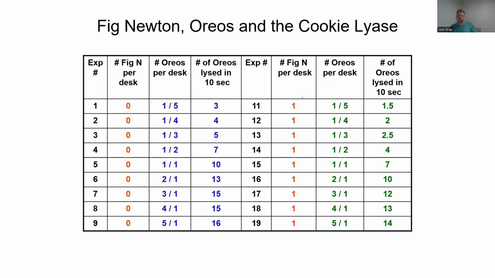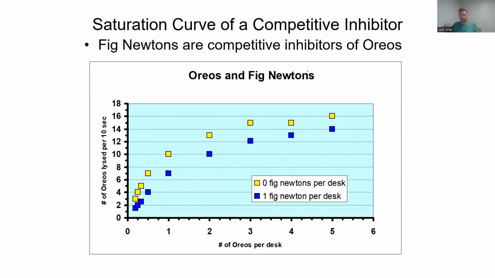So to go back to the Oreo cookie lyase experiment, here what we have is a series of trials where we introduced an inhibitor, Fig Newtons. We put one Fig Newton down per desk. And here's the graph that came from it.